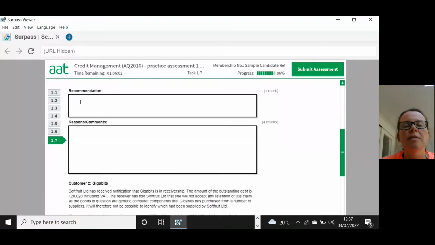So one recommendation: arrange to meet FDP and negotiate a suitable discount to recognise the late delivery of the computers.